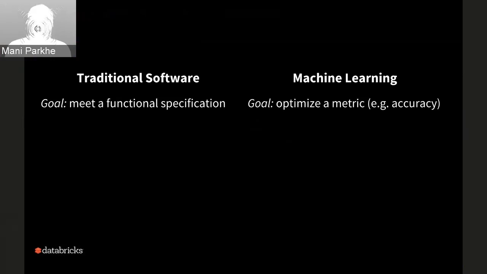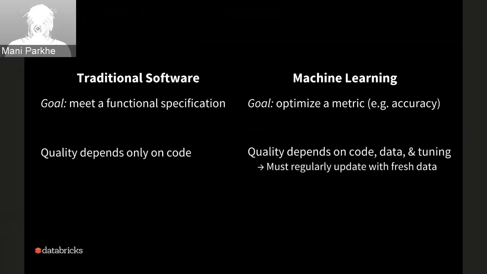All right. The other difference is quality. In traditional software, when you're trying to solve a problem, the quality of the product eventually depends primarily on the code, which includes the unit tests and integration tests that engineers write, and to some level on the system. So that's a pretty contained problem.